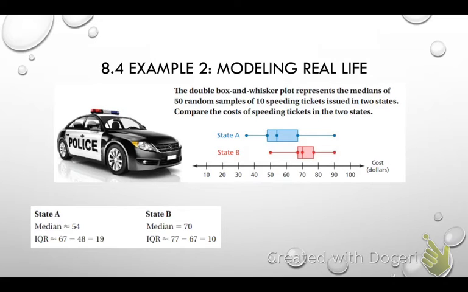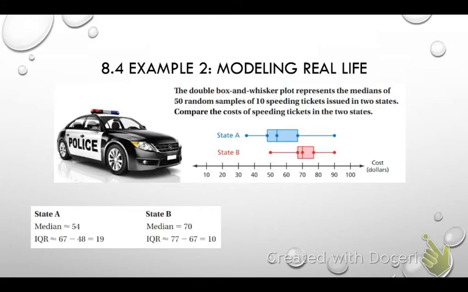Modeling real life. We're going to answer some questions about speeding tickets in two different states. Let me ask you this to start: which state would you rather get pulled over in? Neither, because all the median ticket values are less.